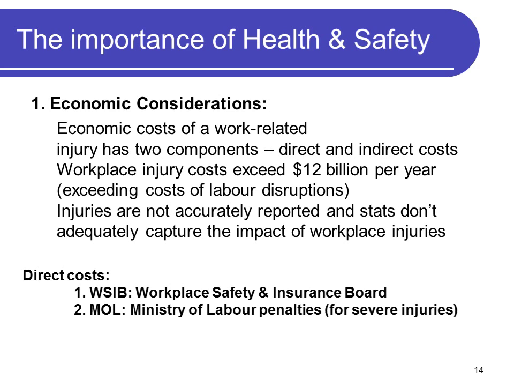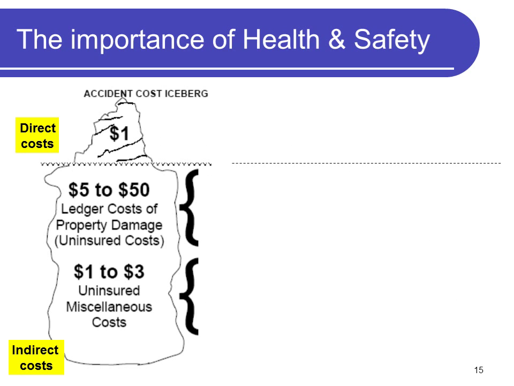Usually we see that there are two direct costs: the WSIB, or workplace safety and insurance board, workers' compensation cost, and the Ministry of Labour penalties in different provinces. Basically the companies can incur different costs, and we'll see this one by one in the next chapters, but this is only an introduction of why health and safety is important.